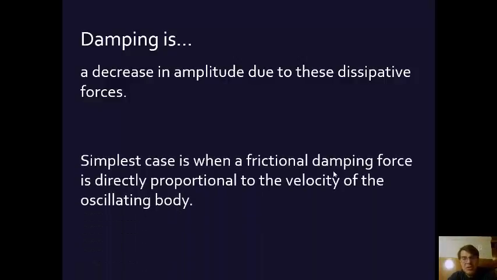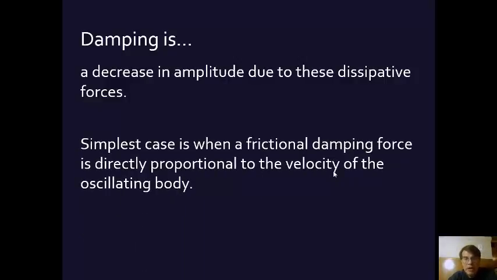The simplest case is when a frictional damping force is directly proportional to the velocity of the oscillating body. So we're going to say that the sum of the forces, in the simple harmonic oscillator that doesn't really exist, is F equals negative kx.